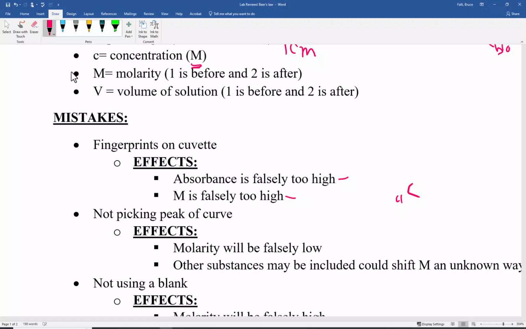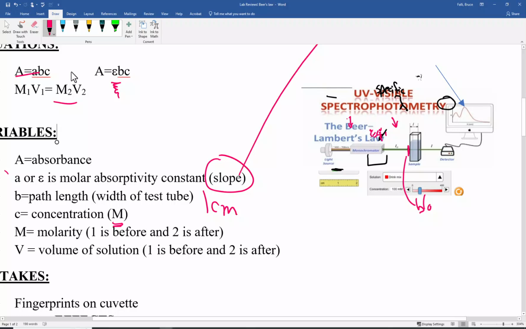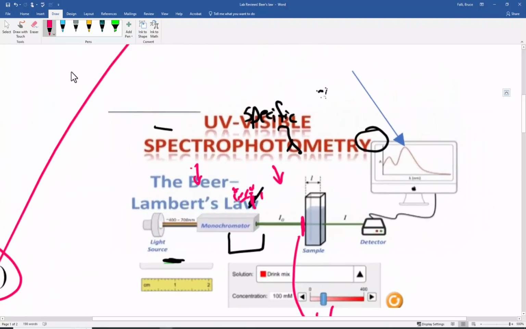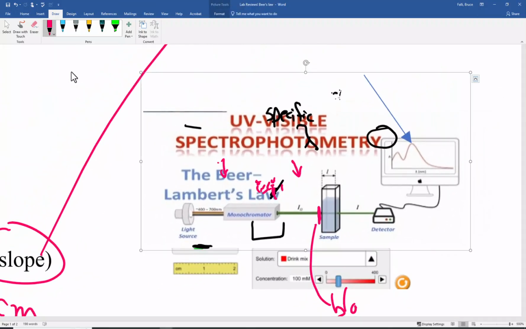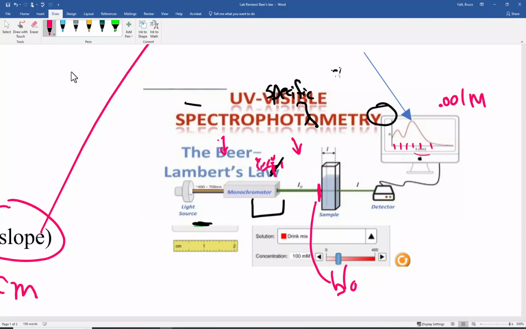Okay, I didn't talk about picking the peak of a curve, but different colors absorb different amounts. There's a little graph right here. Looking at this, this is the wavelength and this is the absorbance. What you do is you have the same concentration, say 0.001 molar, and we check every 50 nanometers, and we find out that this one has the best absorbance.